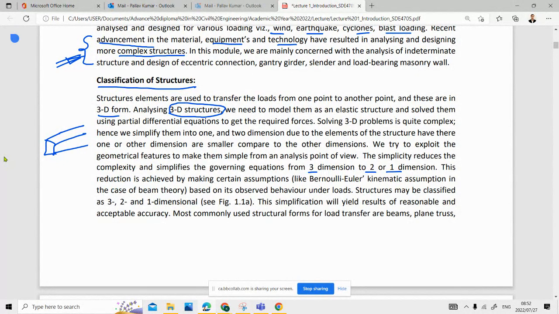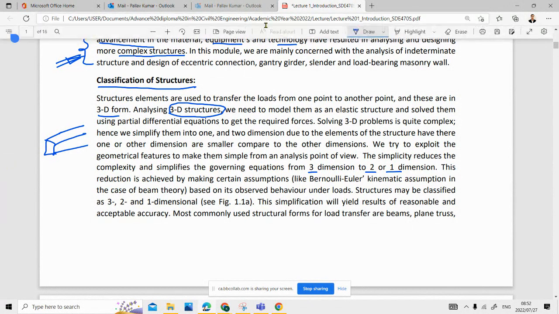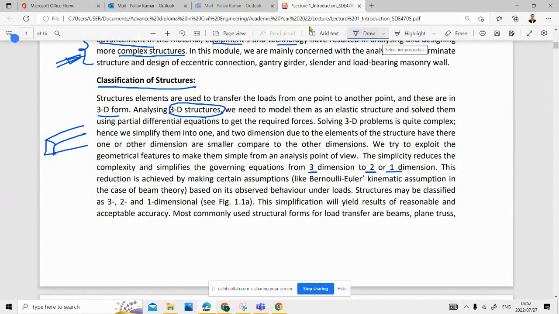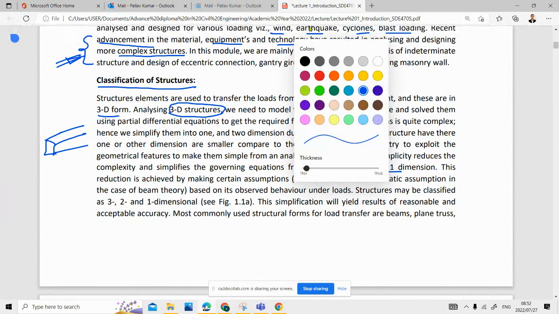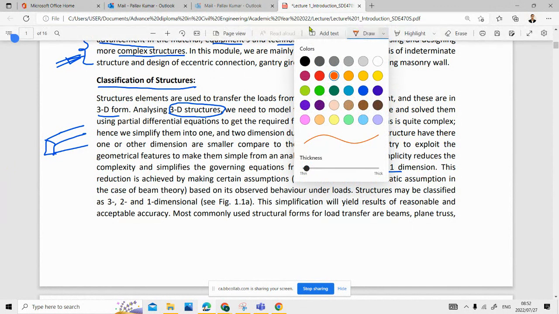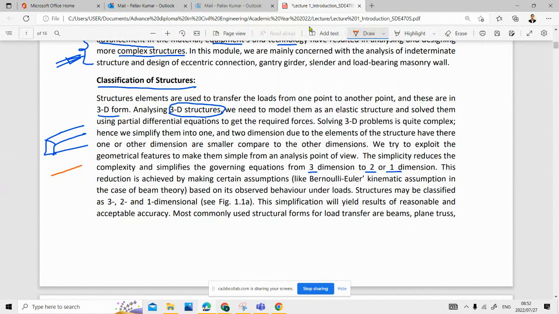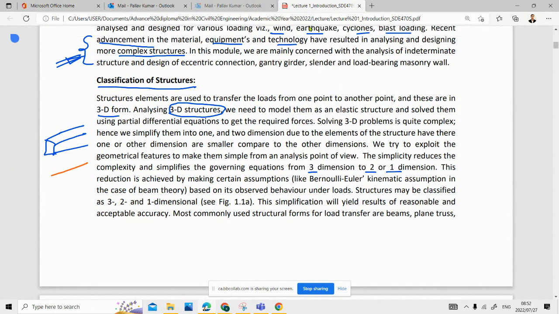But what you do while doing the analysis, basically, you are idealizing your structure to the one dimensional form, right? You just ignore, or you can say you squeeze everything and you say, okay, let this be a beam. So you have squeezed the cross section of your entire beam down to the center of this particular beam.